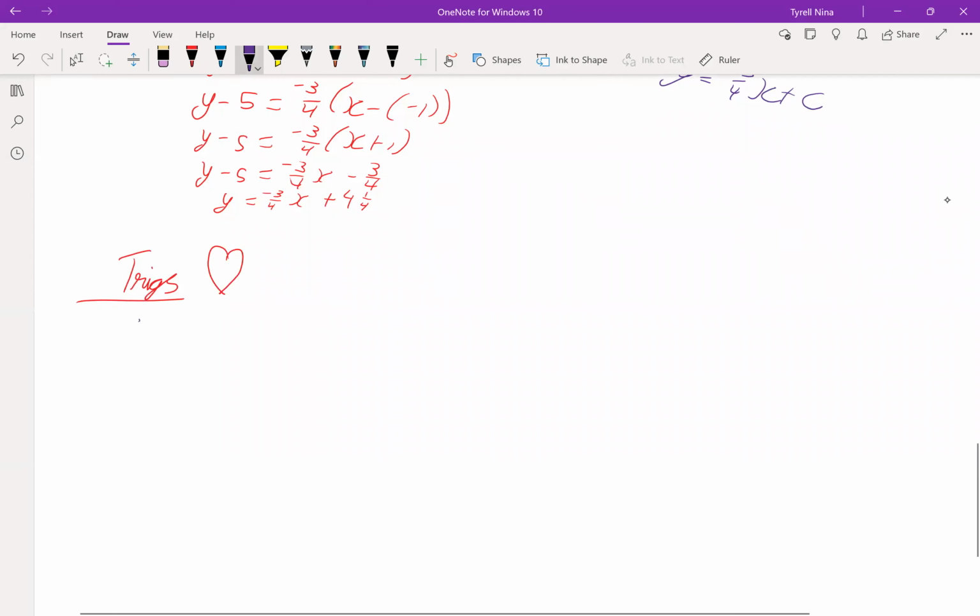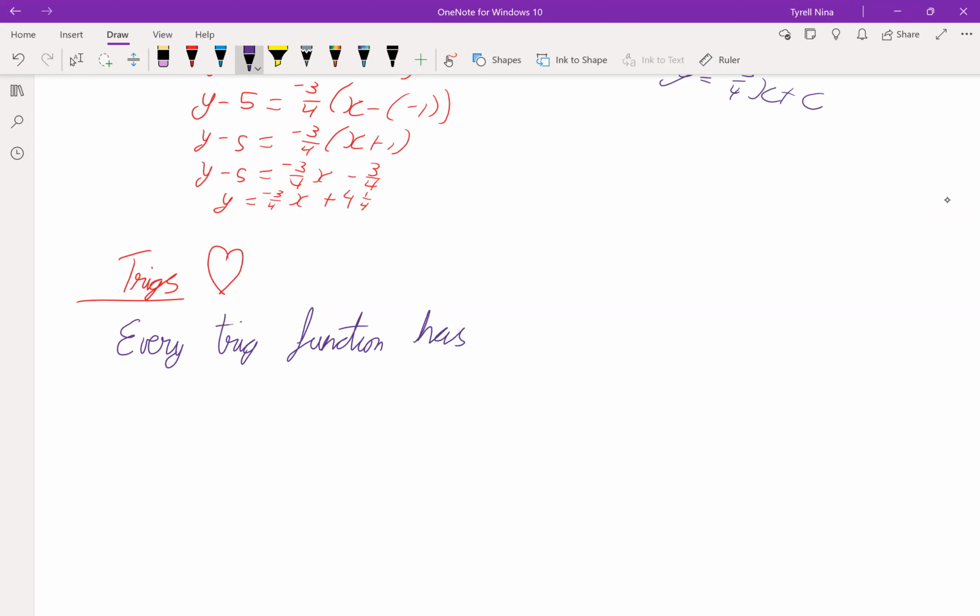every trig function has two solutions based on the quadrants. Right?